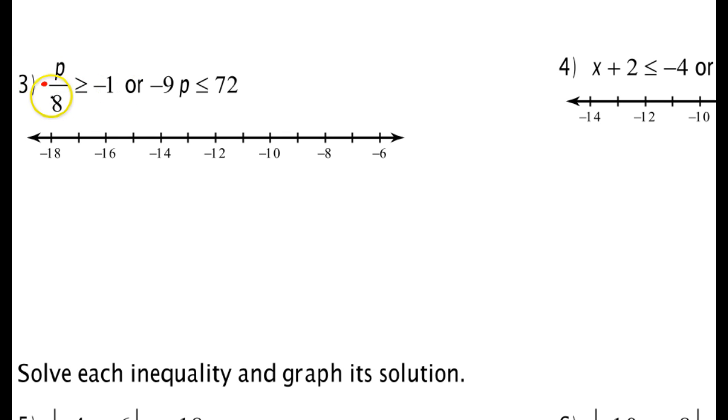Same idea, p divided by 8, multiply by 8, multiply by 8. So we're saying p must be bigger than or equal to negative 8. Or, all right, divide by negative 9, divide by negative 9. Little blast from the past, what happens when you divide by a negative? Sign switch. You gotta remember to switch the sign.